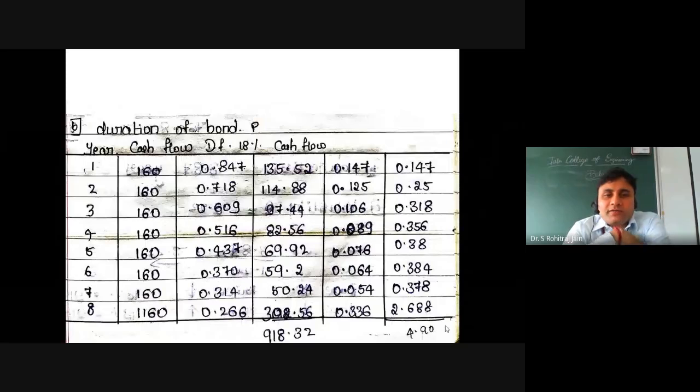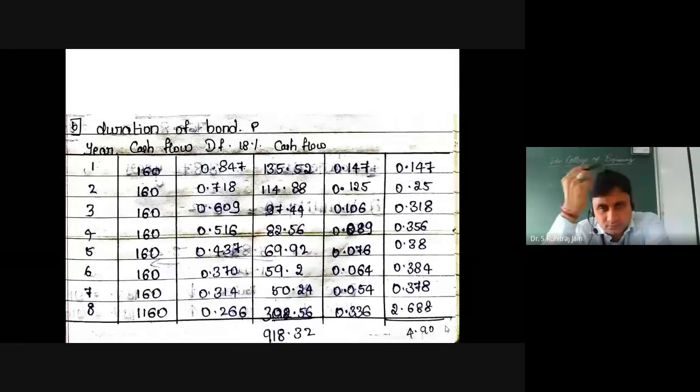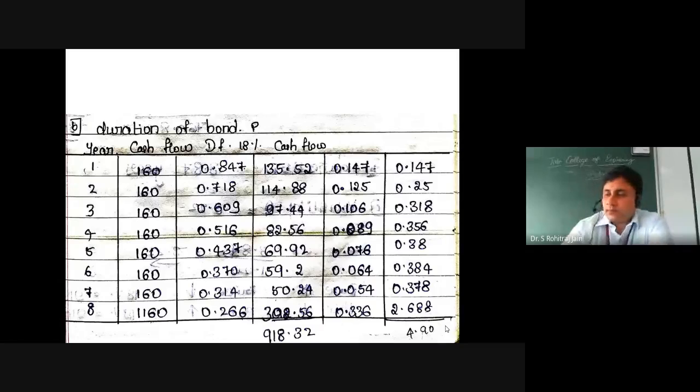Those who are solving, just check your answers, students. See, the cash flow is concerned, the second column, from year 1 to 7, it is 160. And the 8th year, that is the coupon interest plus the principal, 1000, so it is 1160. And the third column is concerned. Some of you are stuck over there because I think some of you do not have the table.